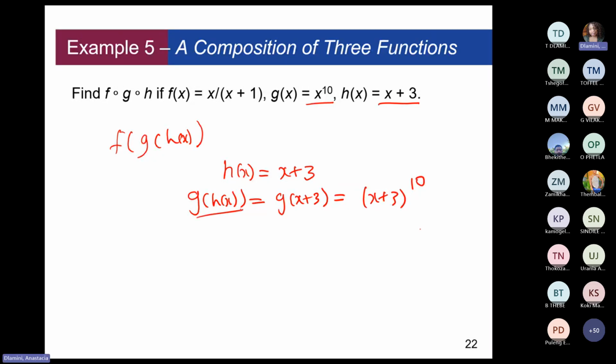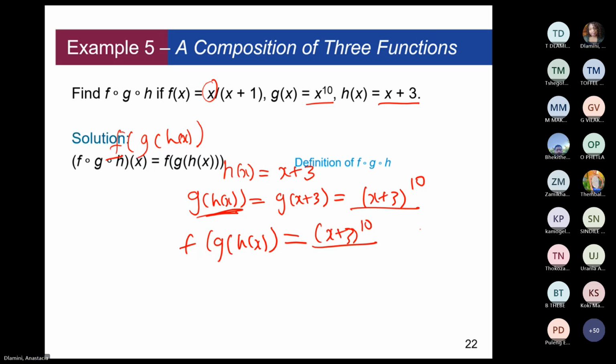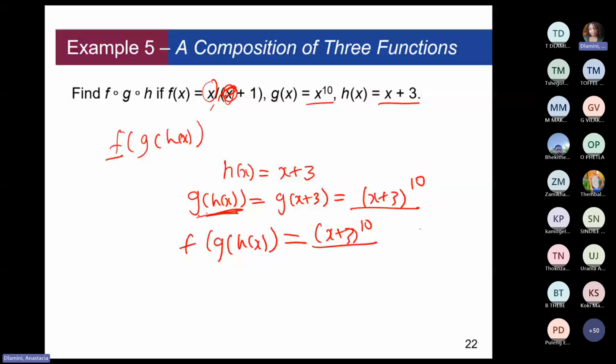Then the last part says put this one inside of f. So this one is g of h of x. What is g of h of x? Is this one. Then, because there's x here, I put (x plus 3) to the power of 10 divided by x. Where I see x, I put g of x plus 1, that's (x plus 3) to the power of 10 plus 1. And that's example 5.